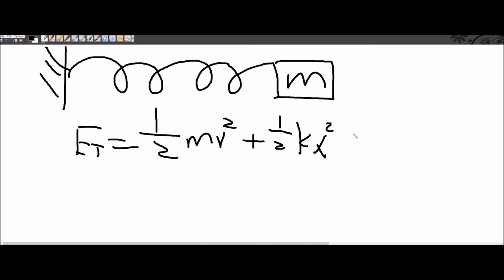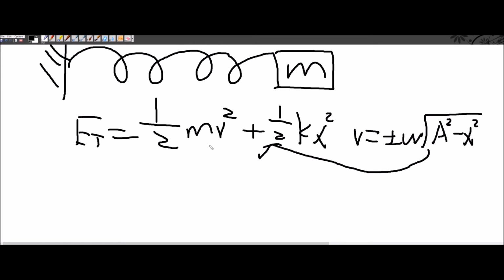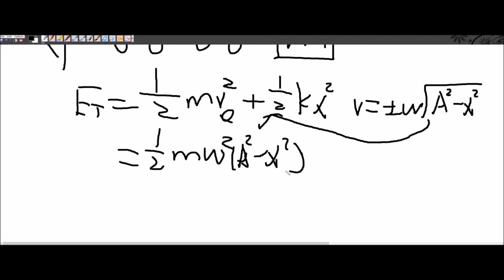Now we know from our equation earlier that velocity is just plus minus omega square root of a squared minus x squared. So we can plug this back into the velocity, so we get this equal to 1/2 m omega squared (a squared minus x squared) inside brackets, plus 1/2 kx squared.